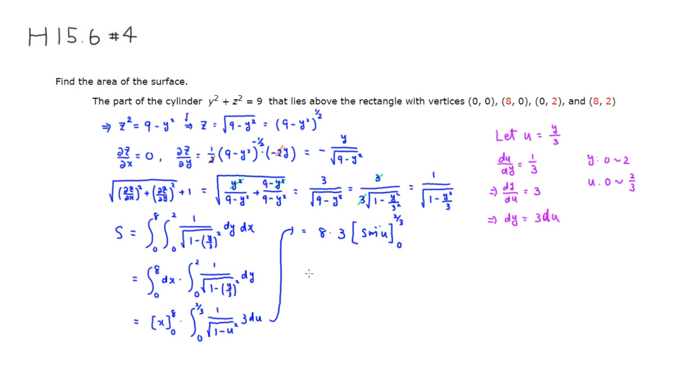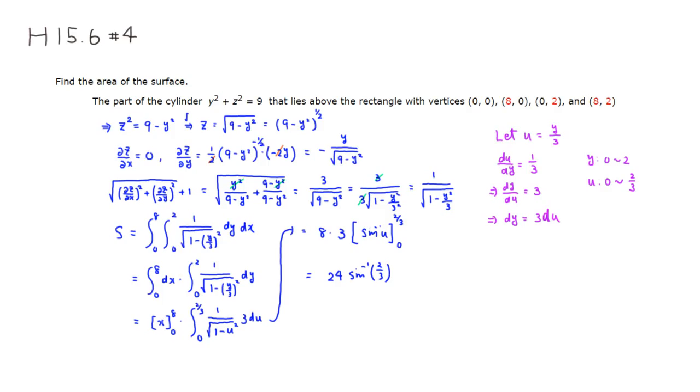So it's 24 times arcsine of 2/3 minus arcsine of 0, which is 0, so you just get 24 arcsine of 2/3.